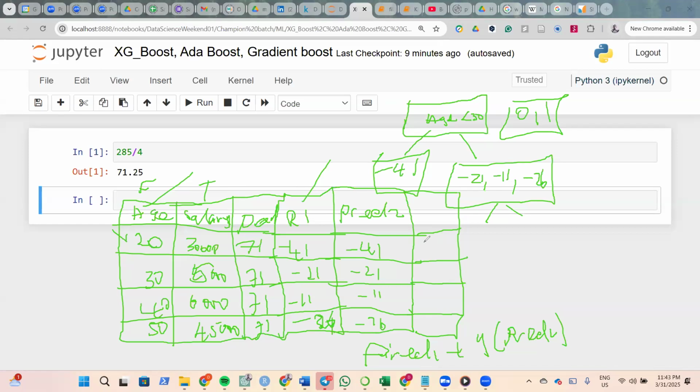It's like saying 41 divided by 10, that should be 4.1, right? This one will give you negative 2.1, negative 1.1, negative 2.6. Is this going to be the final rate? No, this is not the final rate, sorry. And then you add that to prediction 1.